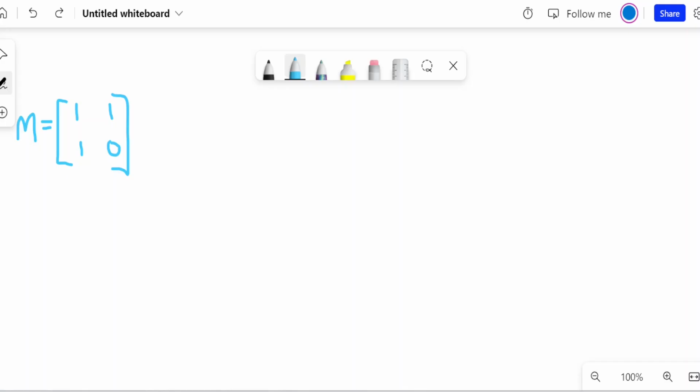A key observation to make here is that if we were to consider this 2 by 2 matrix M depicted here, and if we were to raise it to the power n, we would get a 2 by 2 matrix that looks like this.